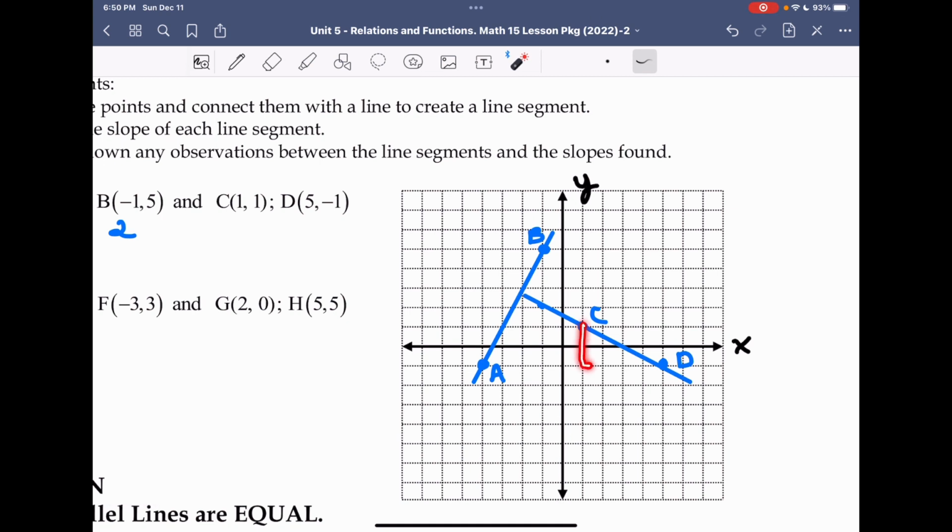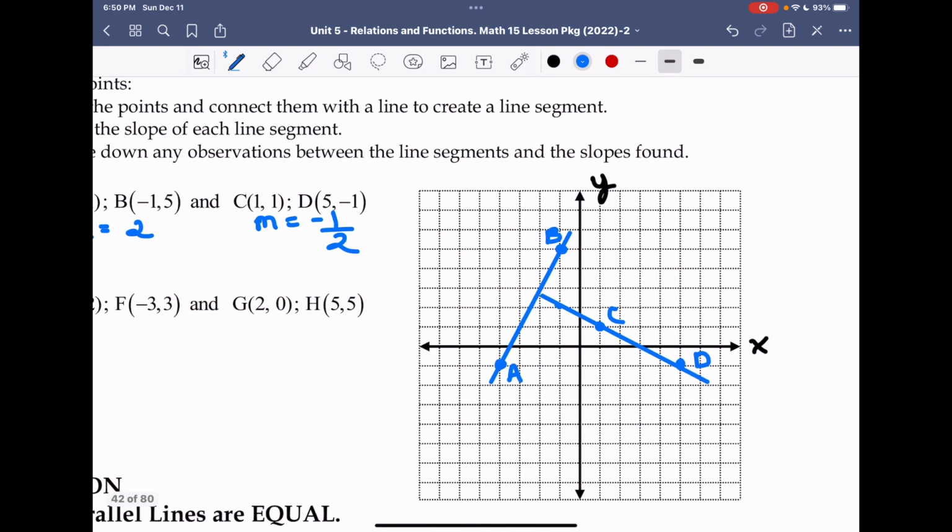I have to go down between them and right by a certain amount of units. I go down -2 and then over by 1, 2, 3, 4 units. And so with this slope, I have an m value equal to the change in y, which is -2, over the change in x, which reduces down to -1/2. So off to the side now, our m value is equal to -1/2.